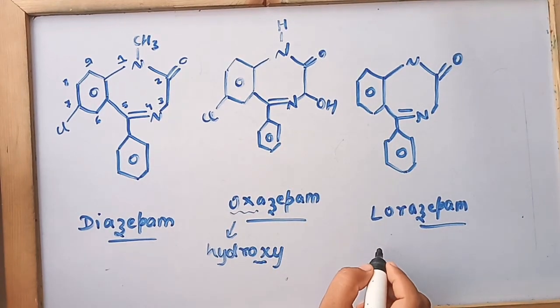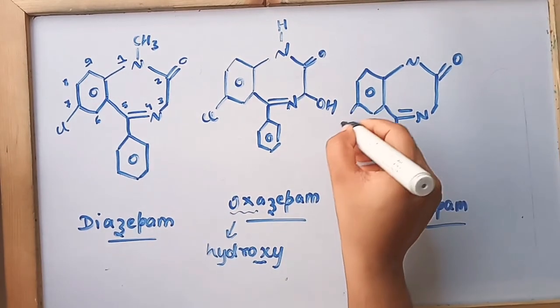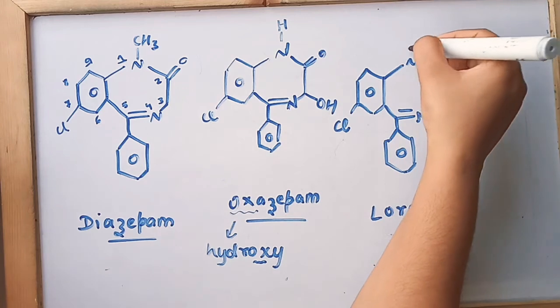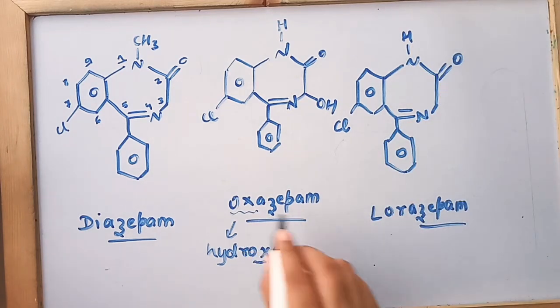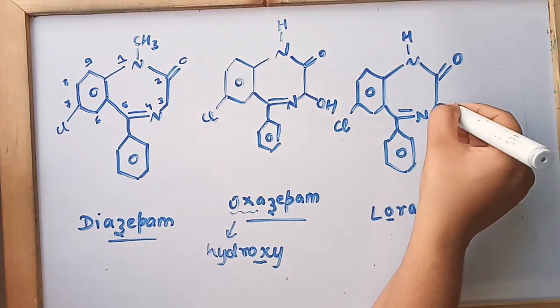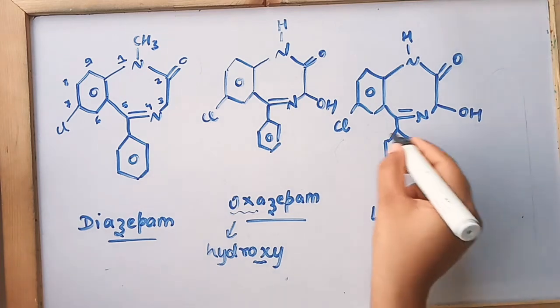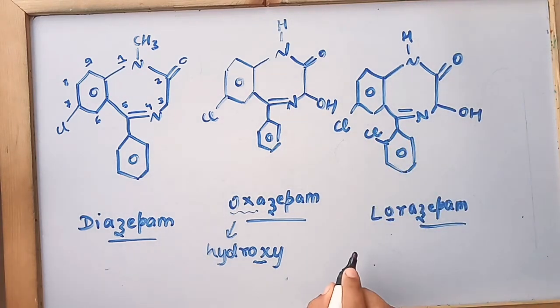For lorazepam, again we have similarities: we add a chloro group over here, and H here, and again an OH group, hydroxy, and in the phenyl substitution we add a Cl group over here. So this is the structure of lorazepam.